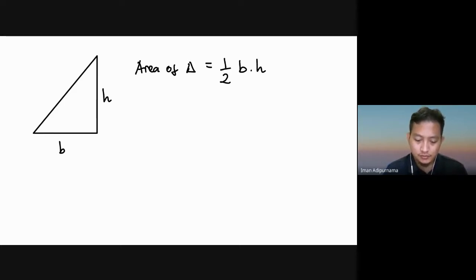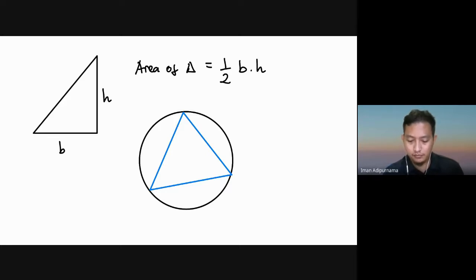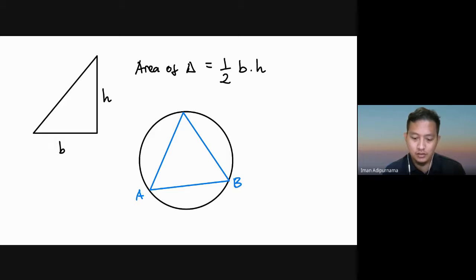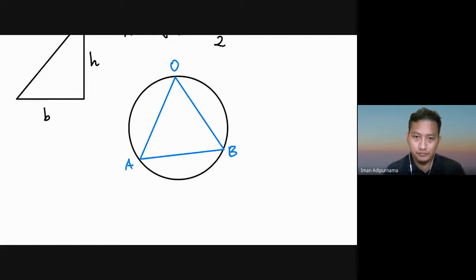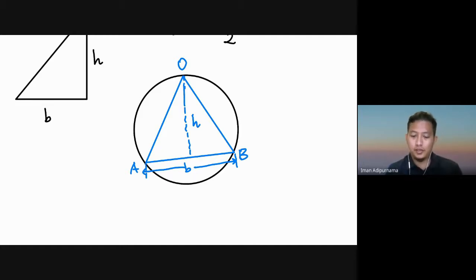If we have a circle and we make a triangle inside the circle, let's say this is A, B, and O. Let's mark this as our height, and AB is our base here.